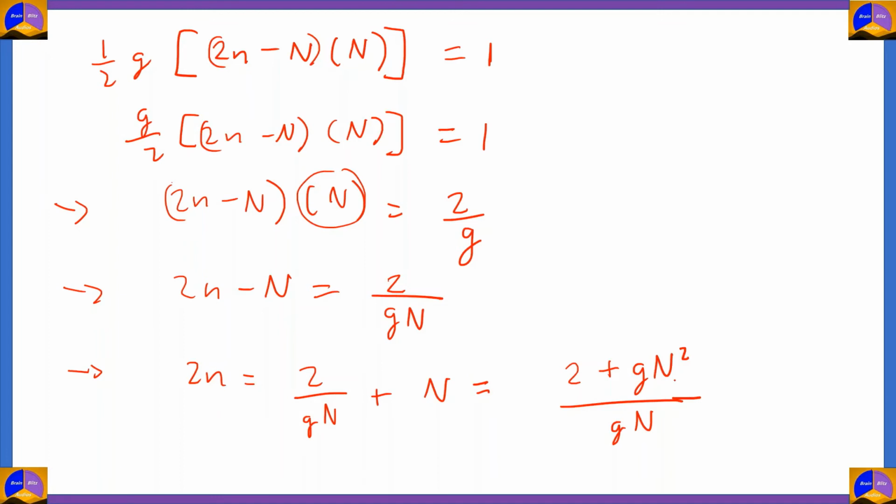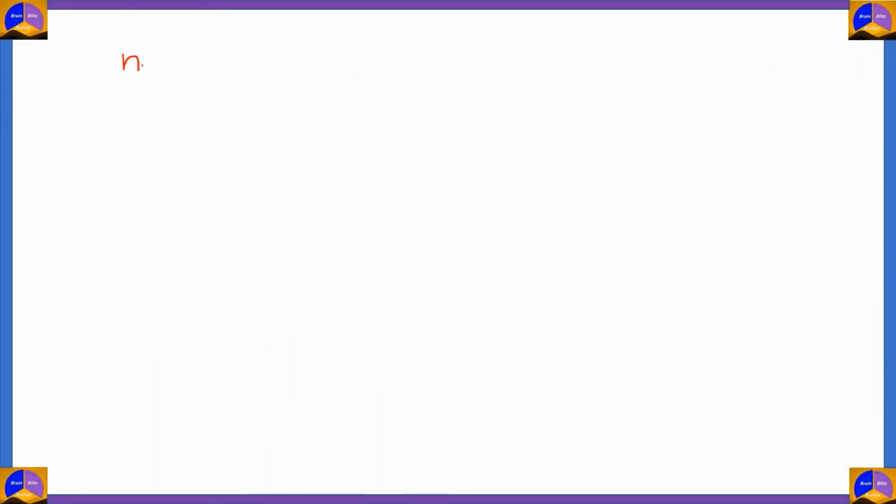So this is the value of 2n. We need to find the value of small n. So we just take 2 to the right-hand side. So n is equal to 2 plus g capital N squared divided by 2g capital N.